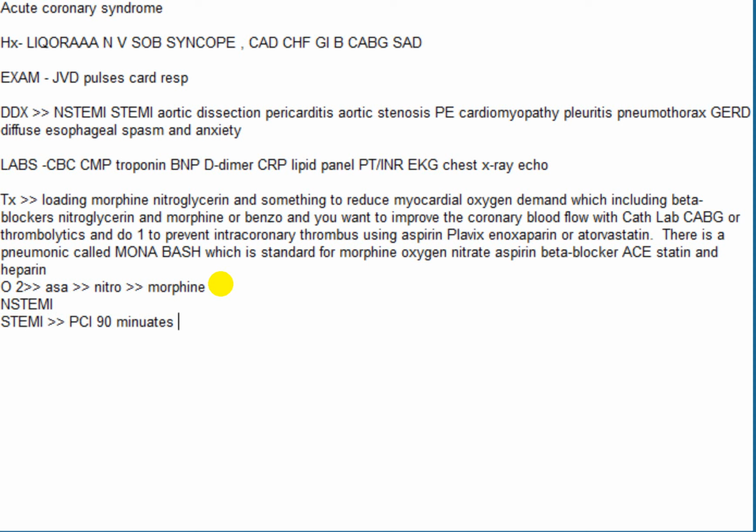And fibrinolysis you can do within 30 minutes of presentation if no PCI is available, like TPA, or if the closest PCI is more than 2 hours away. And then usually you do TPA 15 milligram bolus and then 50 milligram IV over 30 minutes.